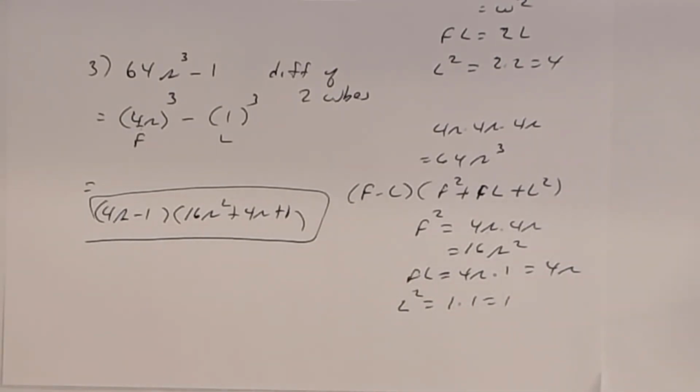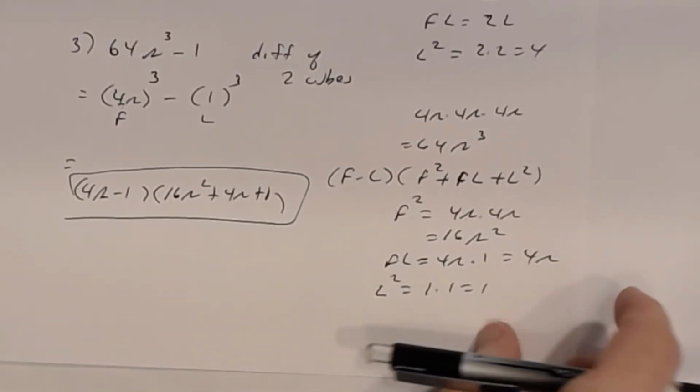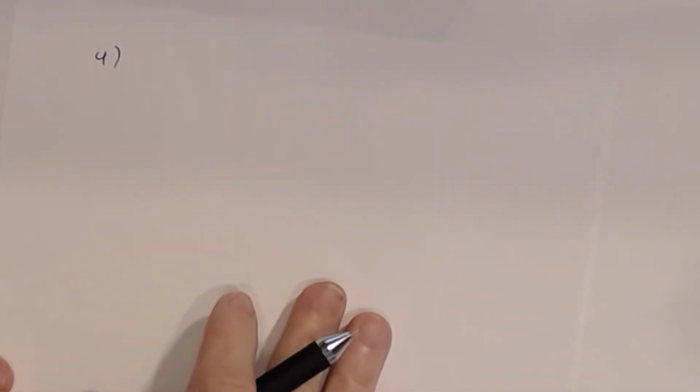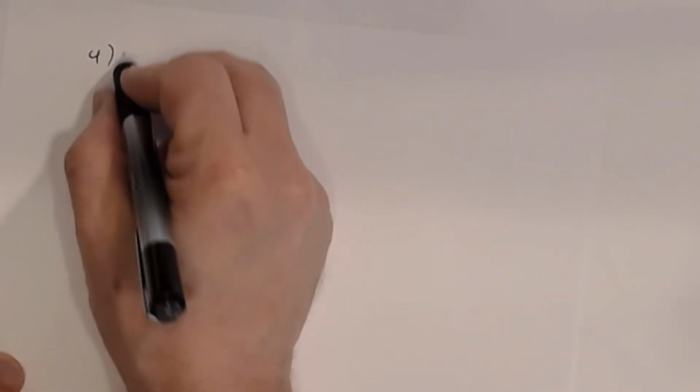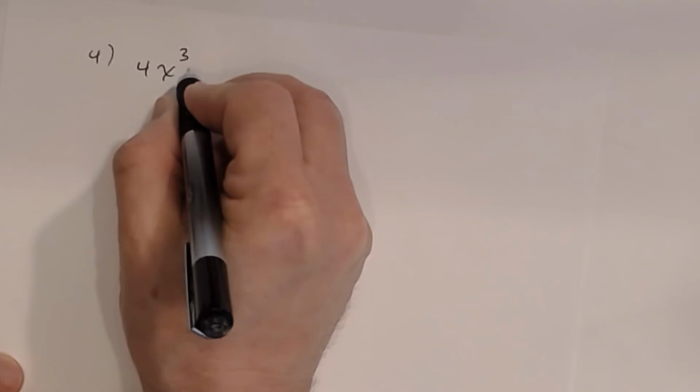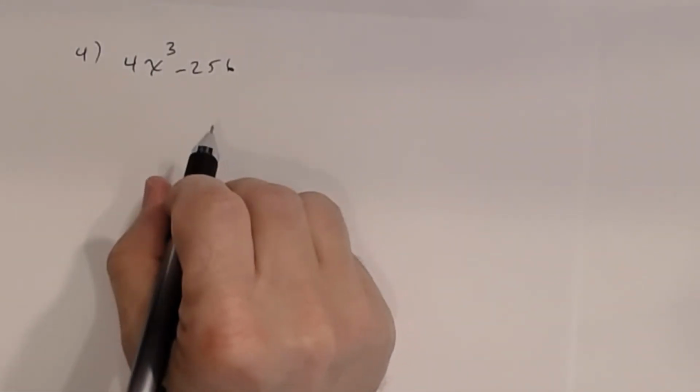All right, so let's look at number 4. Let's do another one. Let's suppose we had 4x cubed minus 256. So remember, the first thing you always want to look for is the GCF.